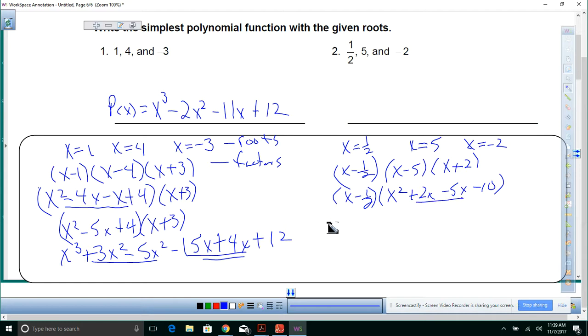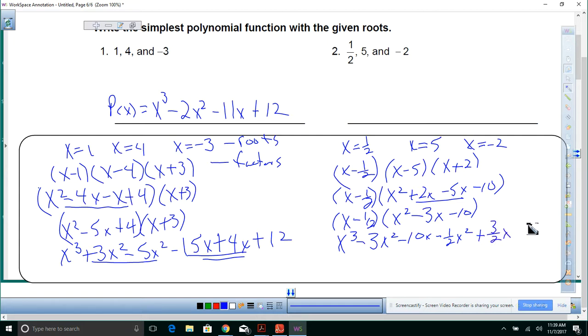I can combine those two, so I've got x minus 1/2 times x squared minus 3x minus 10. That's going to give me x cubed minus 3x squared minus 10x, and then minus 1/2 x squared plus 3/2 x plus 5.